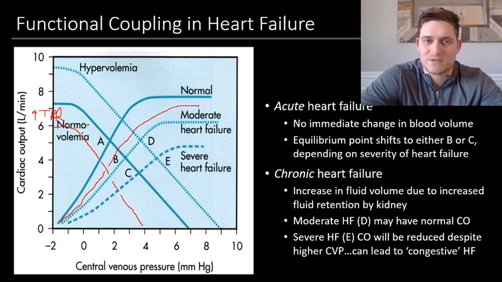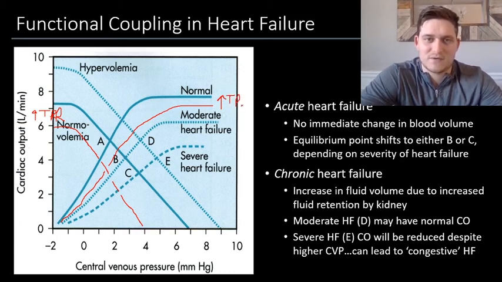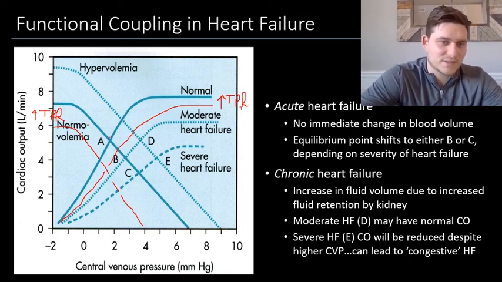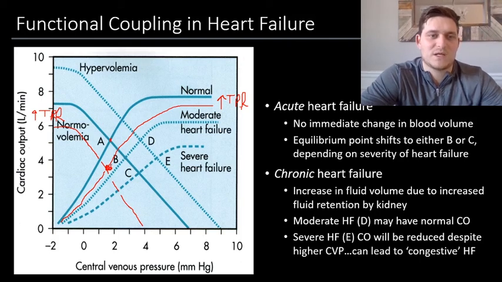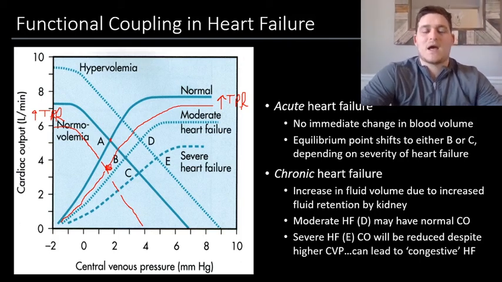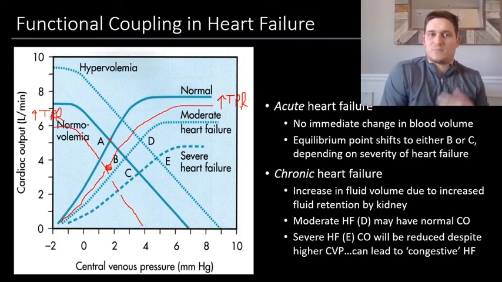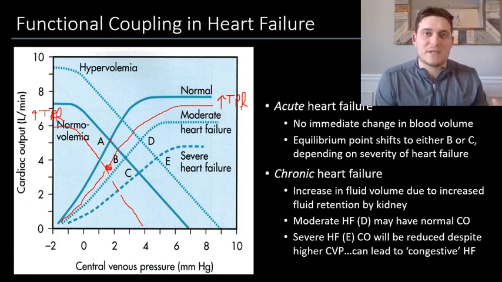Okay, so that's also an increase in TPR. So that's the effects of resistance, and ultimately that impacts this intersection point. And so now this normal intersection point, when you get an increase in TPR, shifts downward, right? So ultimately, contractility, blood volume, and TPR all have effects on this functional coupling between the heart and the vasculature.